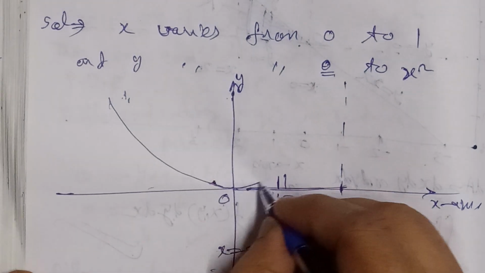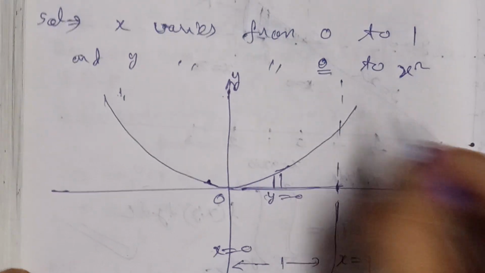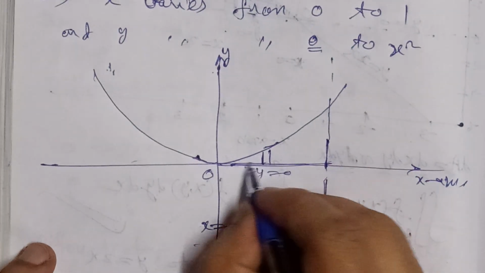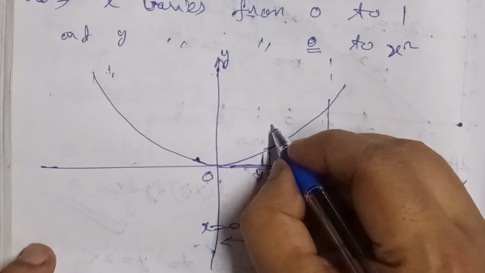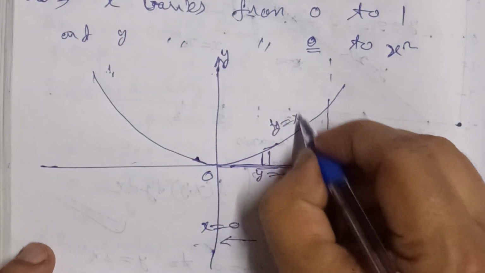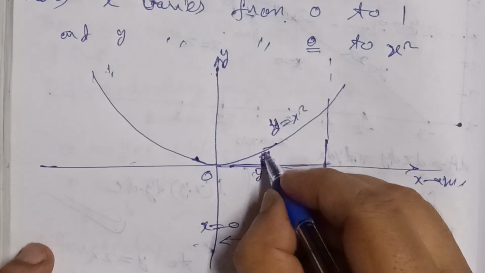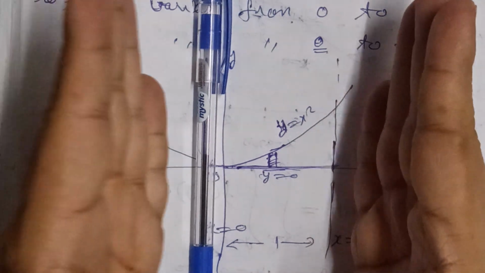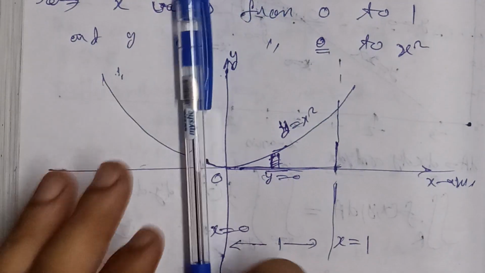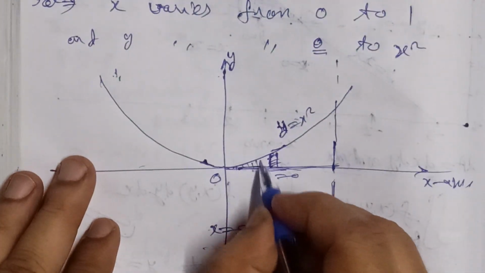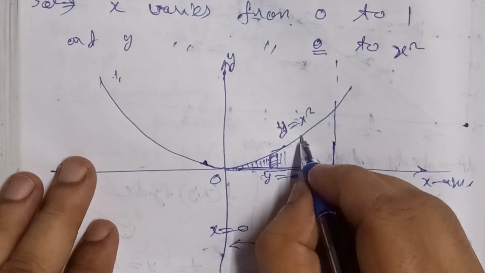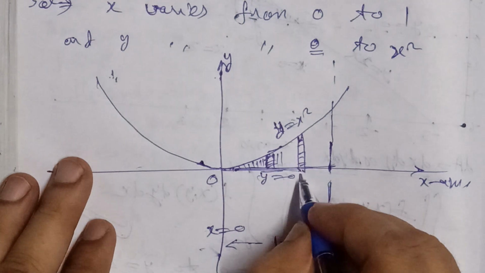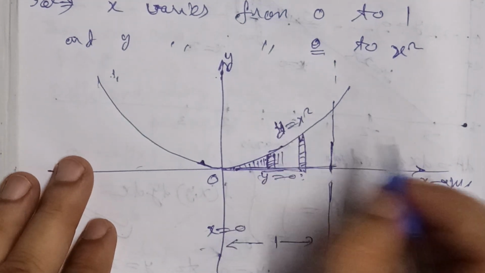I draw it so, and the region of integration starts from y equal to 0 and ends with y equal to x square. We should confine ourselves to these two ordinates, so the region of integration is this. We can draw another strip; all strips start with y equal to 0 and end with y equal to x square.